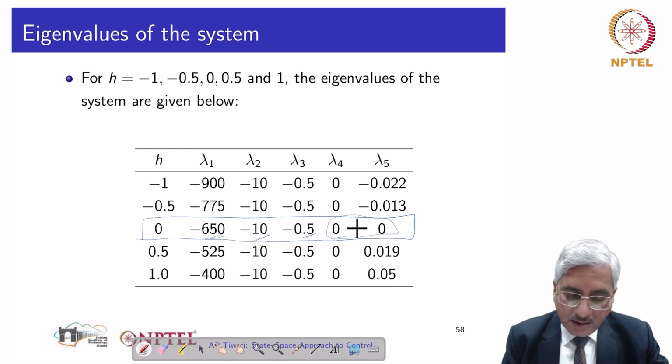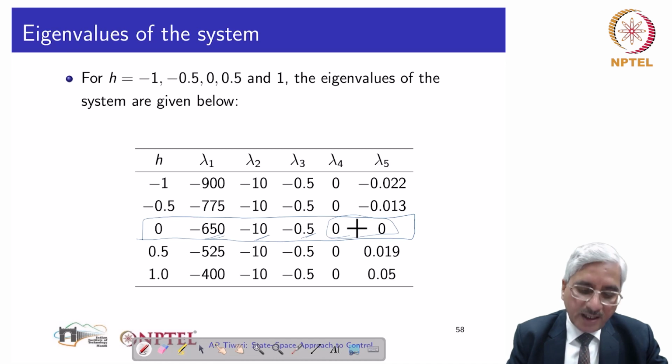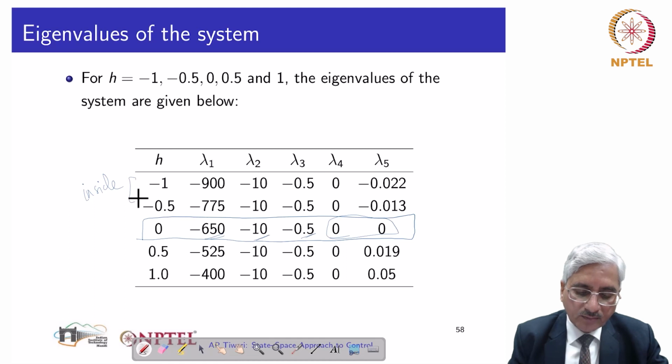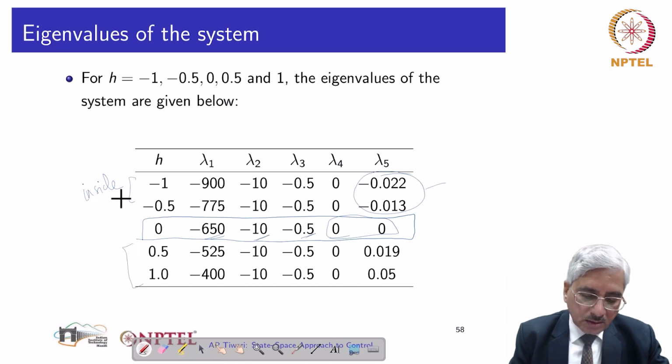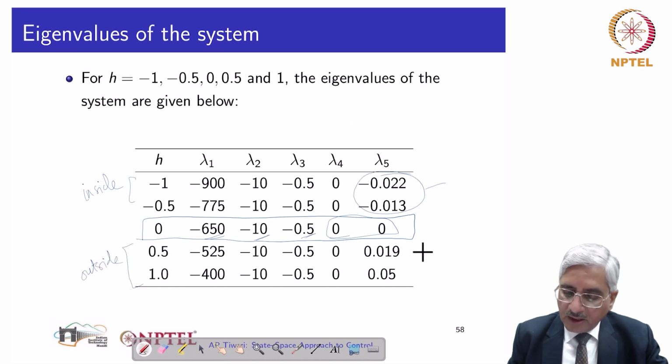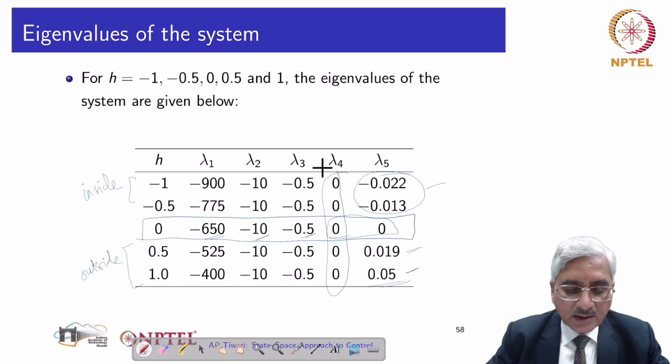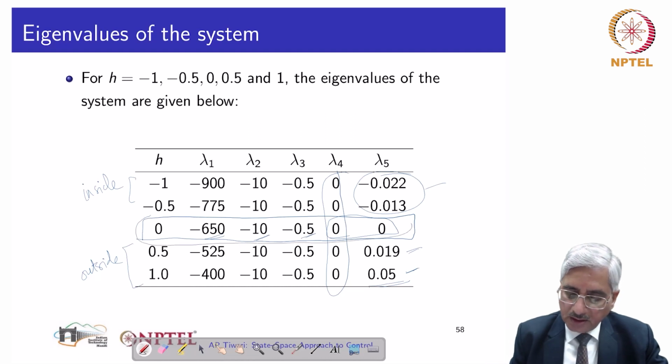If we see the control rod position inside the core, shown negative, one of the eigenvalues from this 0 becomes stable, and if we see the control rod motion outside the core, rather both have become positive. One of the eigenvalues becomes positive, and this one always remains at 0. So this is the characteristic as regards the eigenvalues at equilibrium. This is the situation which I have shown in the box.